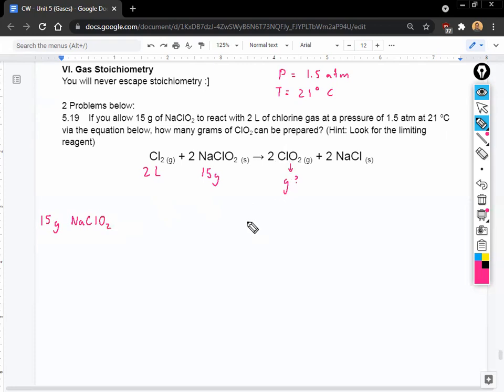Hopefully. So try that out. This is just normal stoichiometry. I'll give you guys a minute.